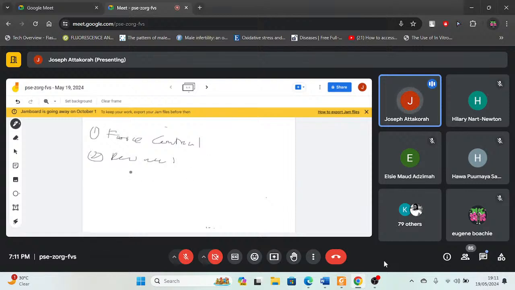The second mechanism of action is to reduce impulse transmission from the sinoatrial node to the AV node. If you have the heart like this, you have the sinoatrial node and the AV node here. Digoxin reduces impulse transmission from this side to this side, and also increases the force of contraction. These are the two modes of mechanism.